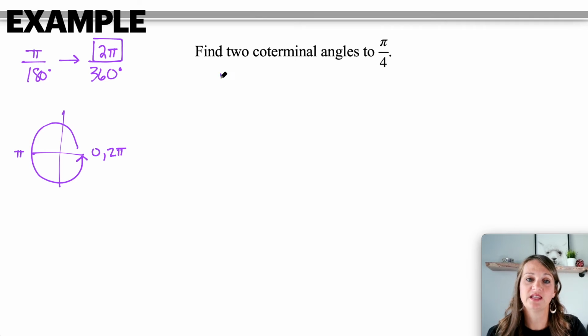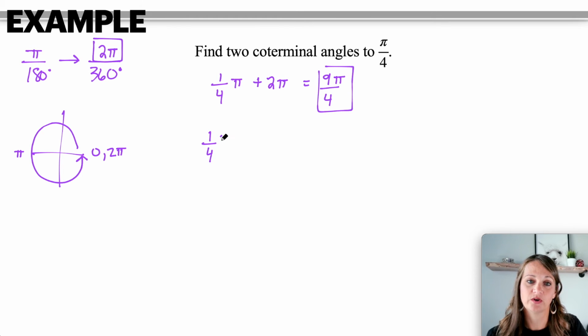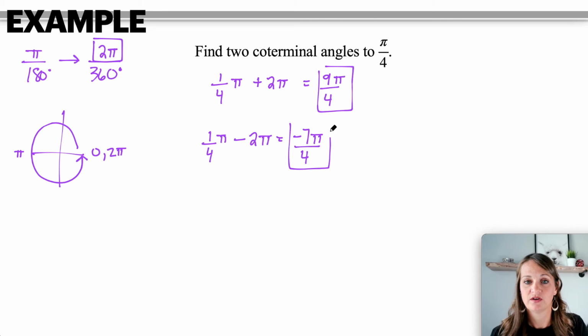So if I look at this as 1/4 pi, all we have to do is add 2 pi to that, which would give us 9/4 pi, or 9 pi over 4. Or if I take the 1/4 pi and subtract 2 pi, then I would get negative 7 pi over 4.